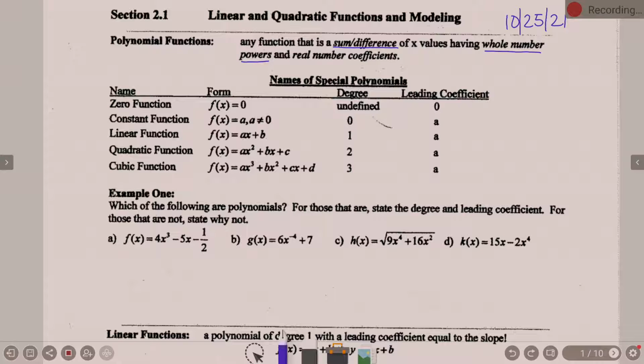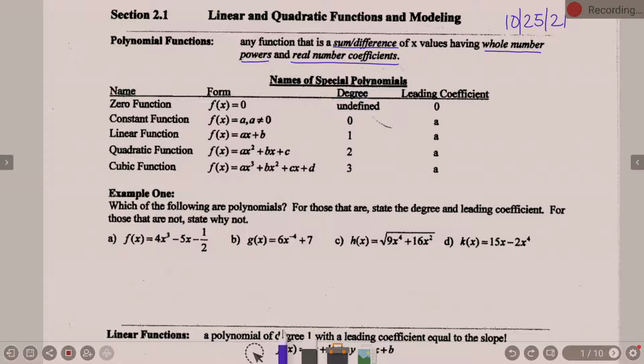What did you say, Miles? Above zero. And so above zero, so no negatives. And they have to be whole numbers, right? What you guys think of as whole numbers. So no fractions, no decimals. So if it's a part of a polynomial, positive whole number powers and real number coefficients. So no imaginary numbers. Okay, so that's the definition of a polynomial.